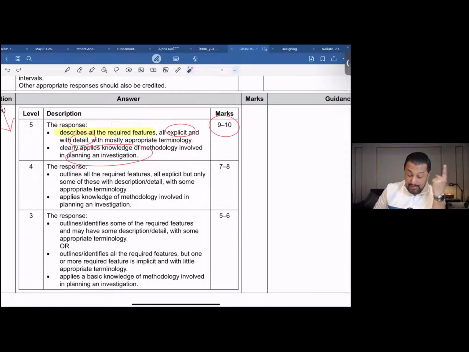Number two, clearly apply knowledge of methodology involved in planning and investigation. So in other words, flaunt your knowledge that you've gained through research methods. Whatever you know about research methodology, whatever is appropriate for this particular investigation in this particular scenario, put it to use. Do not hesitate. Do it in an explicit manner, providing a lot of details as well.